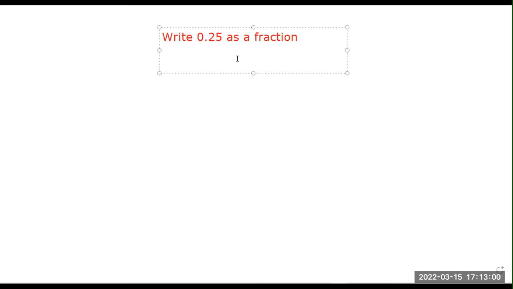Hey guys, so if we are writing 0.25 as a fraction, what is the first thing we look for? Well, we would look at the numbers after the decimal point. How many numbers are there after the decimal point? Well, there are two numbers after the decimal point.